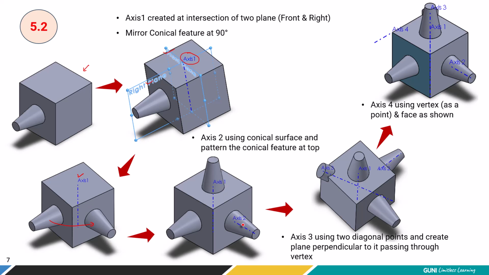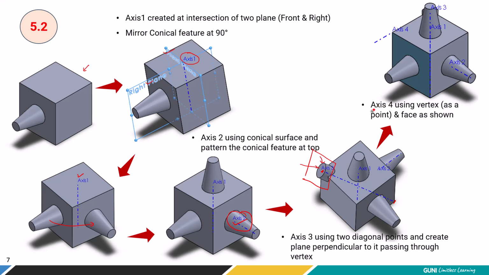After that, I am going to create axis 2 using cylindrical features. To create axis number 3, I will use this vertex point and this vertex point. Using that axis, I am going to create a normal plane at this location and I will create these cylindrical features.